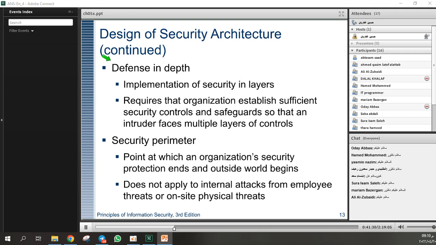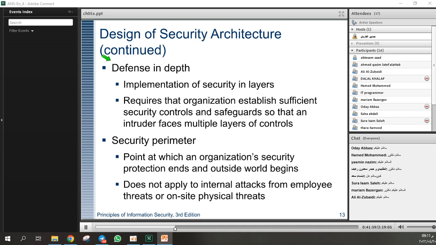And in each of those layers, I have to prepare sufficient security controls and safeguards. I have a multi-layer security architecture, and inside each of those layers, I need to prepare sufficient security controls and safeguards.